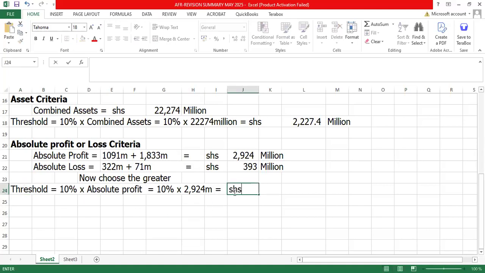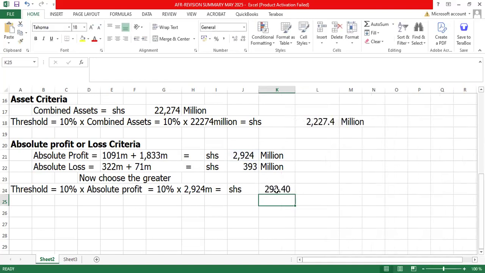This is shillings, and your answer is in millions. So that is your threshold. Any segment that is below this is not a reportable segment.